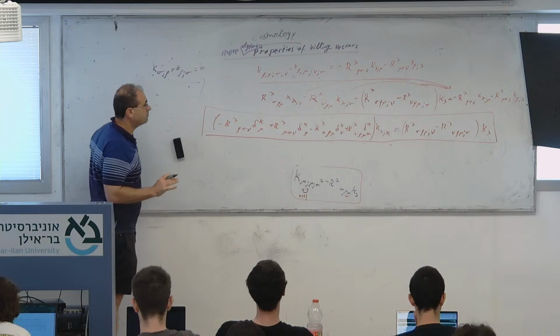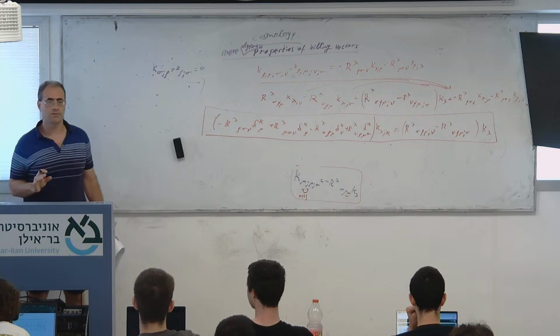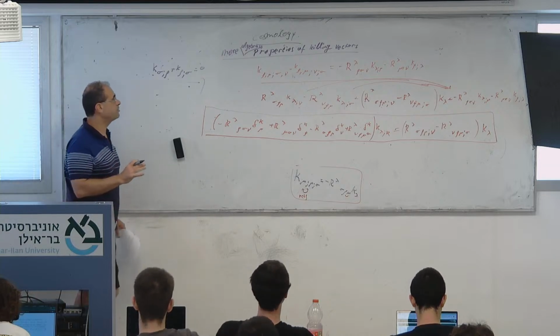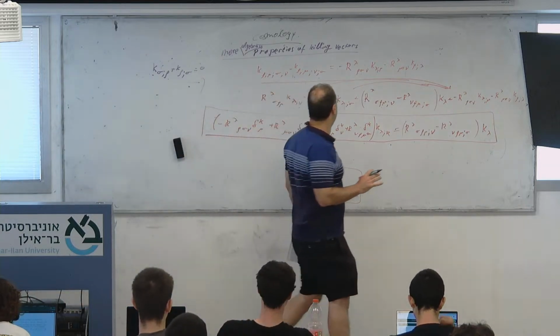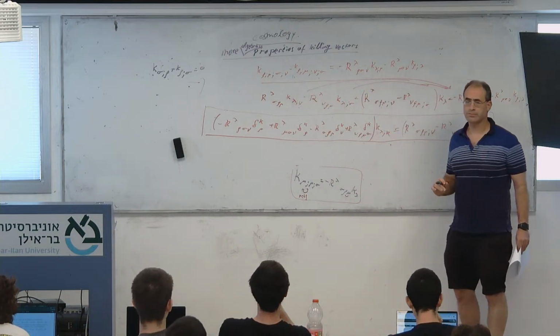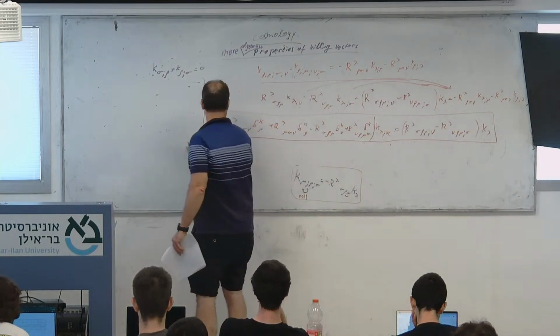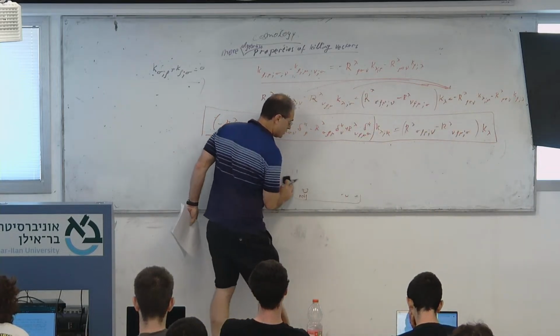So far, these are general properties of killing vectors. We just used the standard definition of the Riemann tensor and the killing condition to get to this equation. Now I'm going to use the properties of a maximally symmetric space.